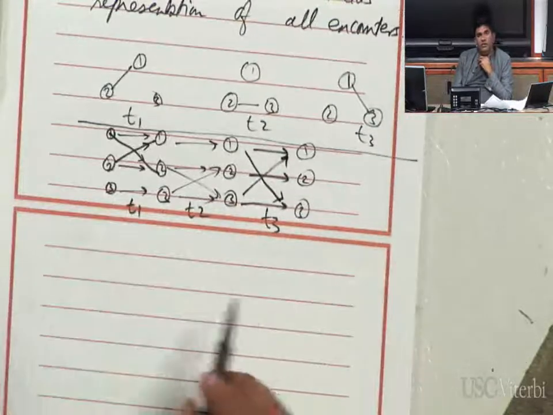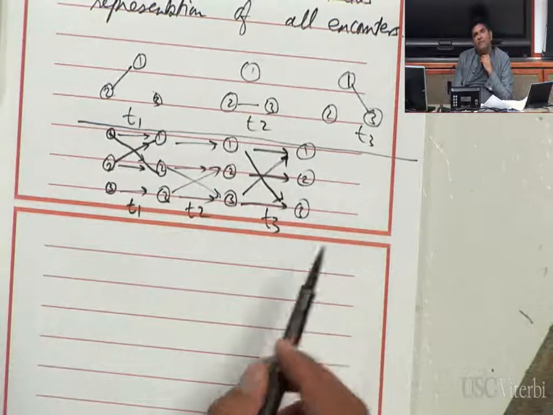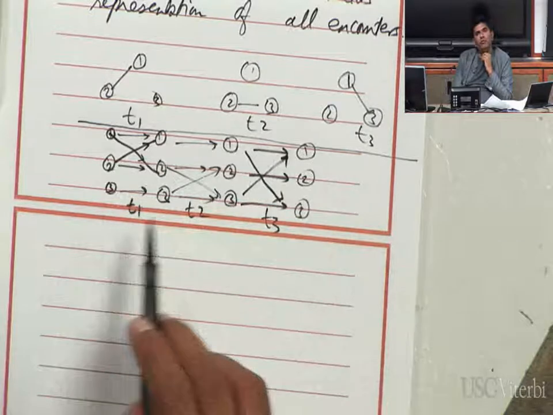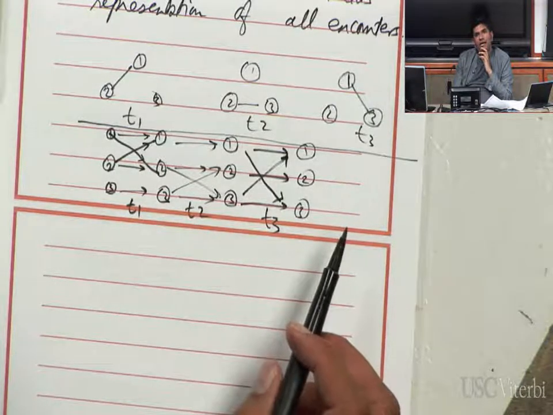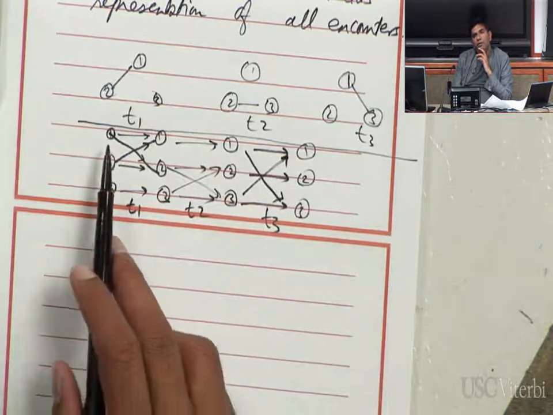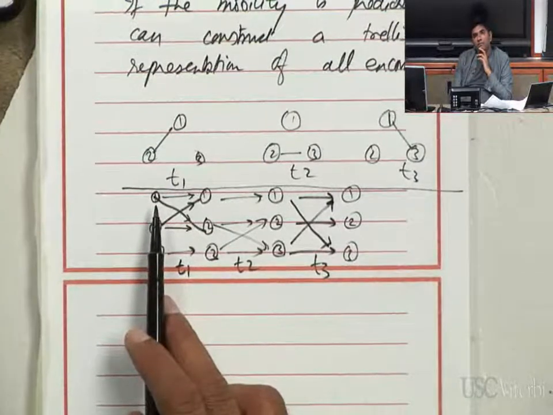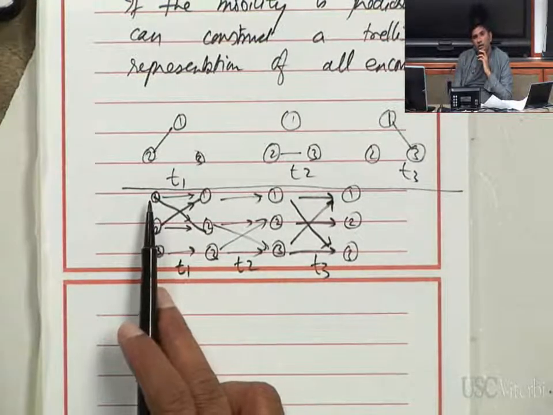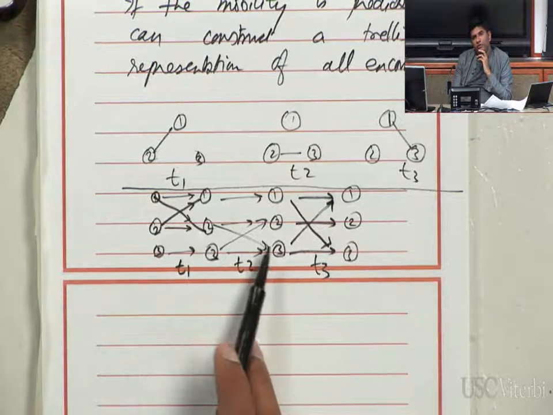So this is a directed graph that tells us all the ways in which data can be moved between the nodes. In particular, if at time 1 you wanted to move data from node 1 to node 3, the data could go from 1 to 2 and then 2 to 3.